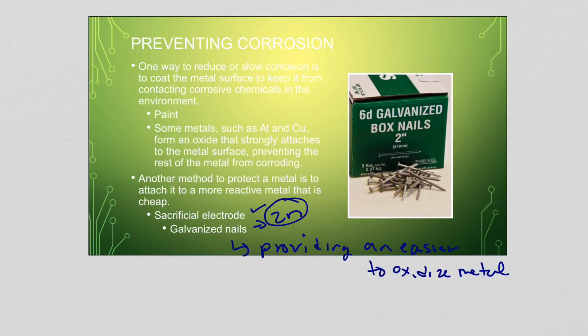Now, we also do this in larger applications, say metal pipelines or ships or large steel towers. We will attach what we call a sacrificial electrode. Those are typically made of zinc or sometimes magnesium, and they'll be attached via some sort of metal cables, usually, or physically attached to the surface of the metal. As long as that sacrificial metal is in electrical contact, we can protect the metal that we want to keep.